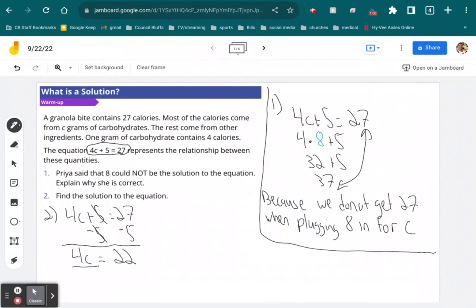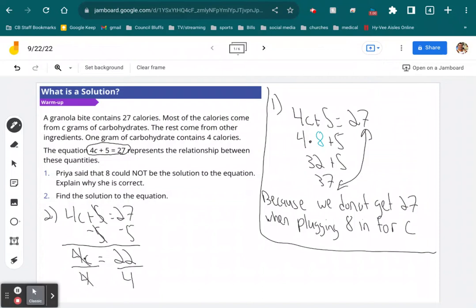And then I'm going to divide both sides by 4 in order to get rid of the multiply. Why divide? Because divide is the opposite of multiply. So I have to divide both sides by 4 in order to get rid of the 4 there, just like I had to subtract 5 from both sides to get rid of the 5, since subtraction and addition are opposites of each other.